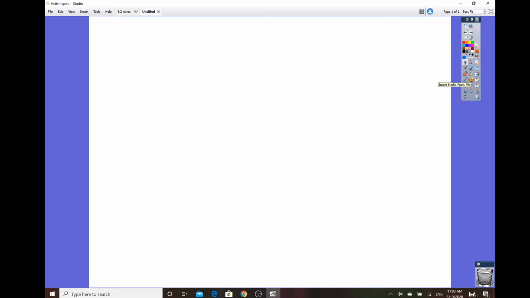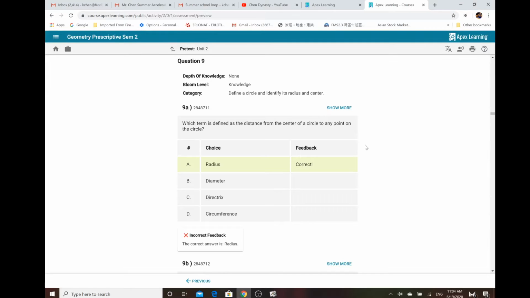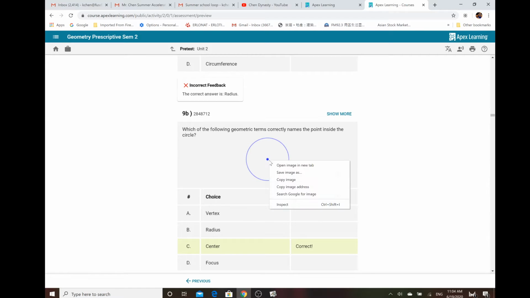There's no shape that I can apply from here. Not even a compass showing here. Let's say that we have a circle. Maybe I can just do this. Let me just copy this one.